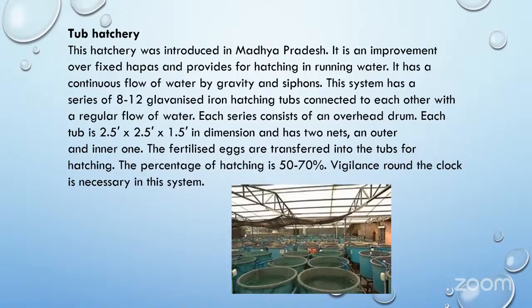Each series consists of an overhead drum. Each tub is 2.5 x 2.5 x 1.5 feet in dimension and has two nets, an outer and inner one. The fertilized eggs are transferred into the tubs for hatching. The percentage of hatching is 50 to 70 percent. Vigilance round the clock is necessary in this system.